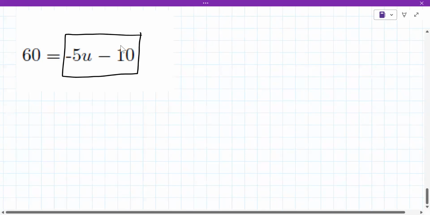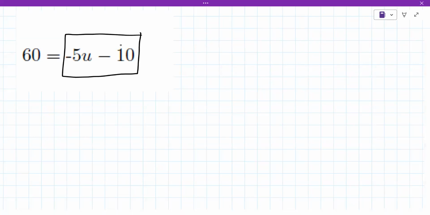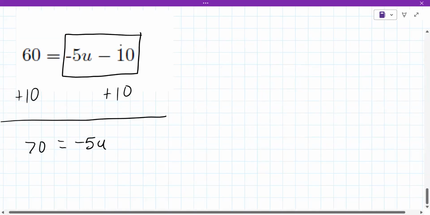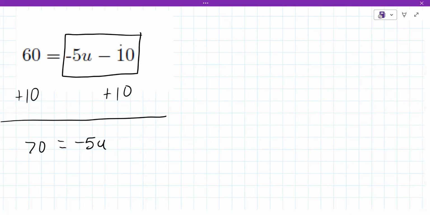What should I do to undo the subtraction by 10? Add 10 to both sides. So on the left, it's 70. On the right, it's -5u. Now, you divide by whatever is in front of the variable, which includes the negative.